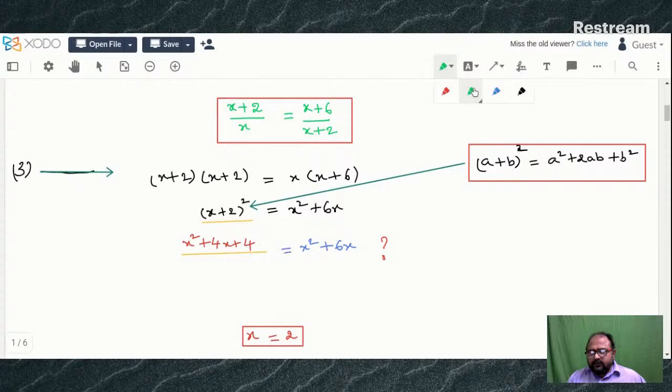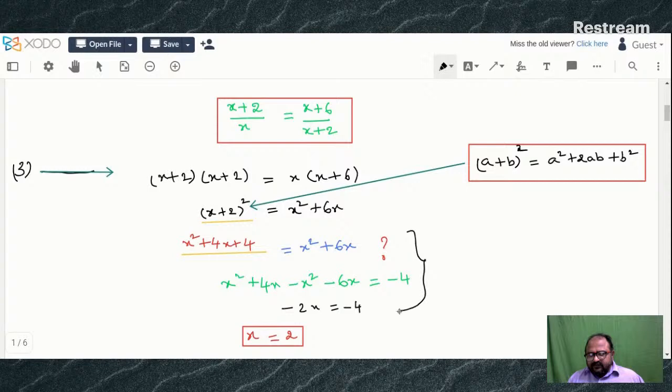Now I am writing one step here: x square plus 4x minus x square minus 6x equal to minus 4. From this, you can write minus 2x equal to minus 4.